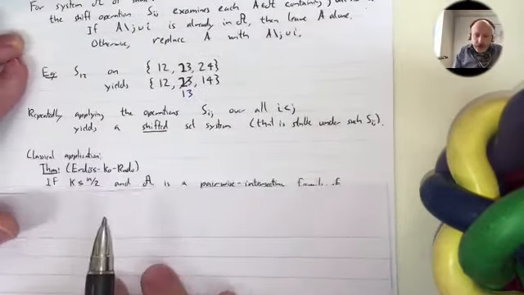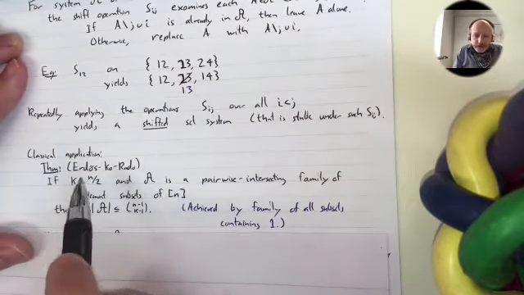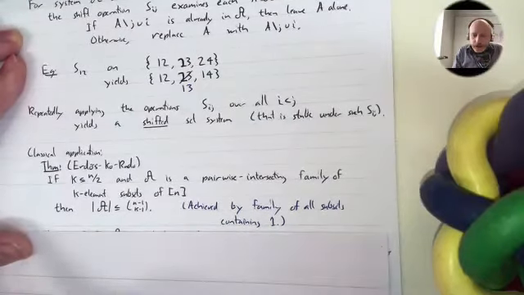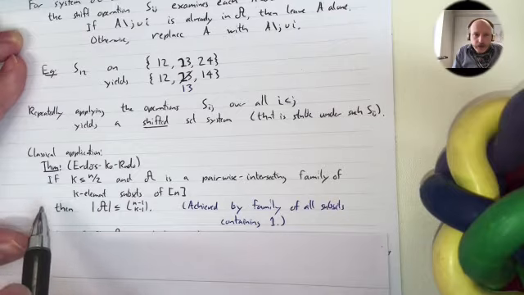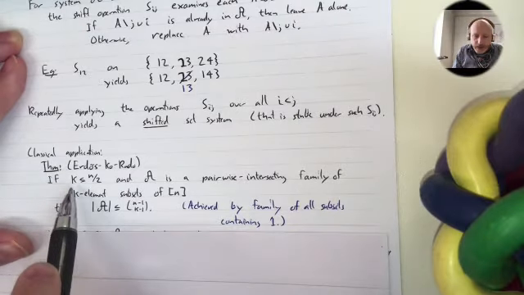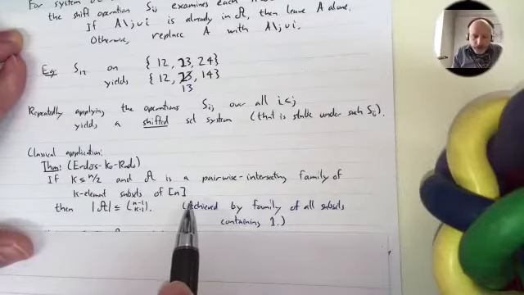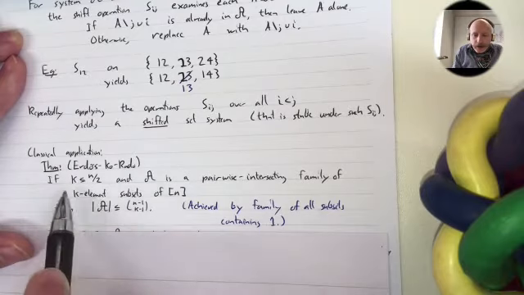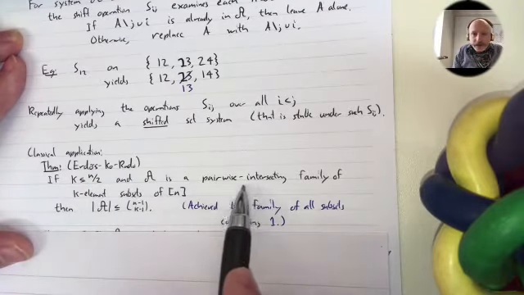Okay, so the classical application of this is the theorem of Erdős-Ko-Rado, published in '61. If you have a family of small subsets of 1 through n, so I want to take k-element subsets of 1 through n, and I'm interested in them being pairwise intersecting.